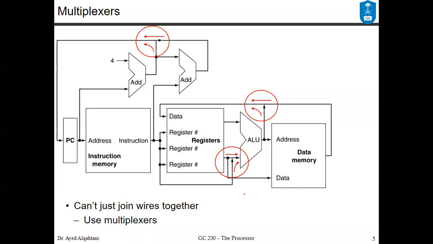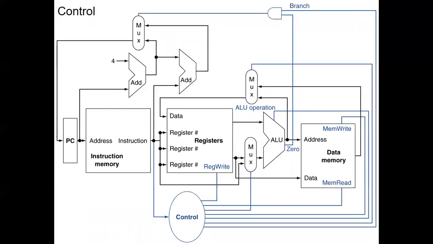In digital design, if you have two choices of wires and you should pick one of them, we should use multiplexers. And this is what we are going to do in the next slide. You can see that whenever we have those lines, we are adding a multiplexer. We added a multiplexer here, we added a multiplexer here, and a multiplexer here.